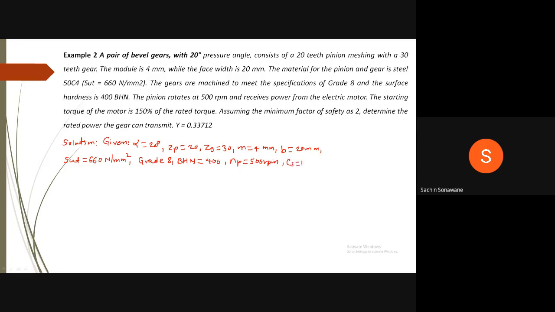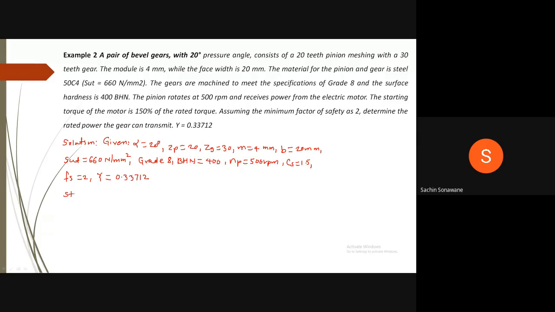CS is equal to 1.5. Then factor of safety Fs is equal to 2. And Y Lewis form factor they have given as 0.33712.